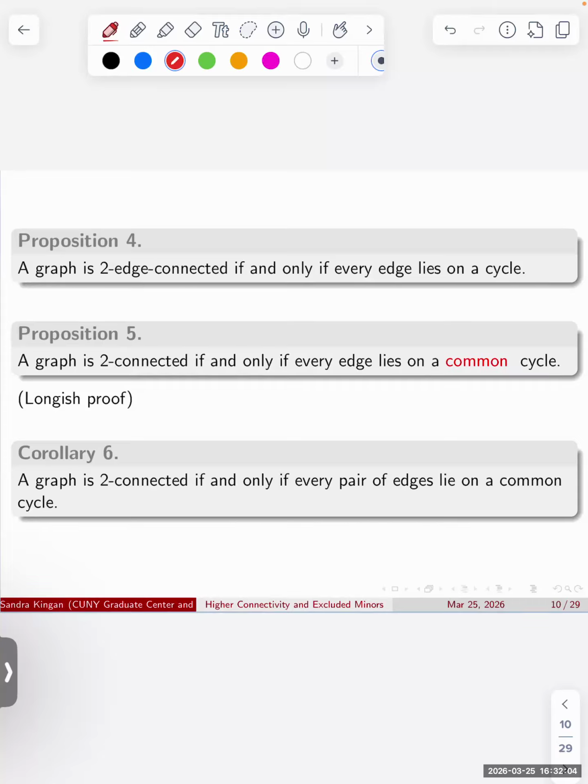A graph is two-edge-connected if and only if every edge lies on a cycle. That was a short proof. Then a graph is two-connected if and only if every pair of edges lies on a common cycle. And that was a long proof. As a corollary, we got that G is two-connected if and only if every pair of edges lies on a common cycle.